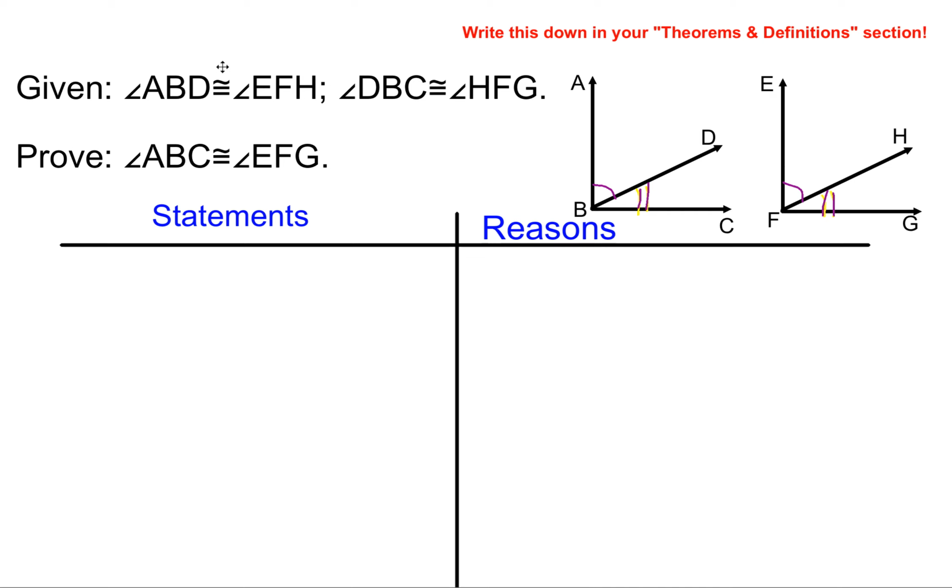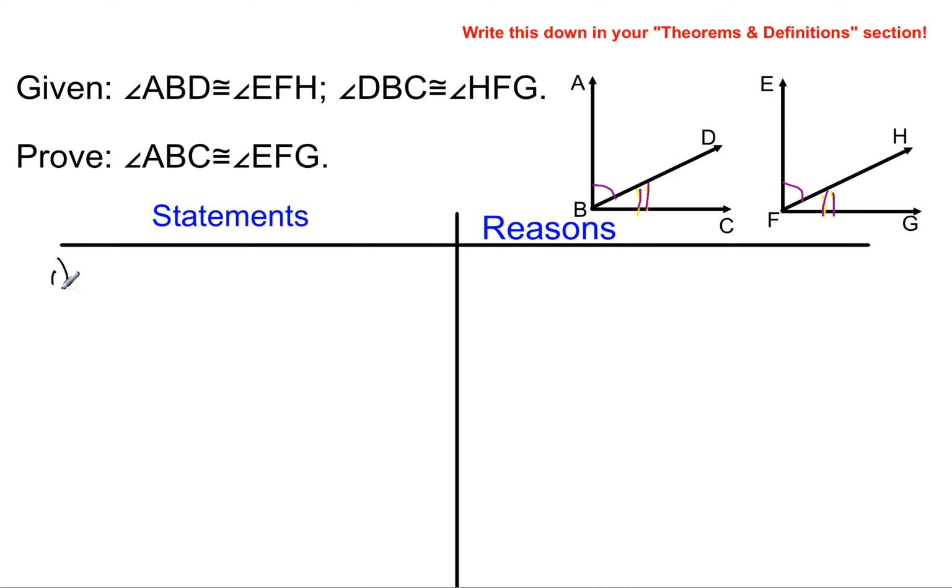So once again, what do I want to show? They're asking me to prove that big angle ABC is congruent to angle EFG. So again, I'm going to start first by using the partition postulate. I want to say that this big angle ABC is made up of what? It's made up of ABD and DBC.